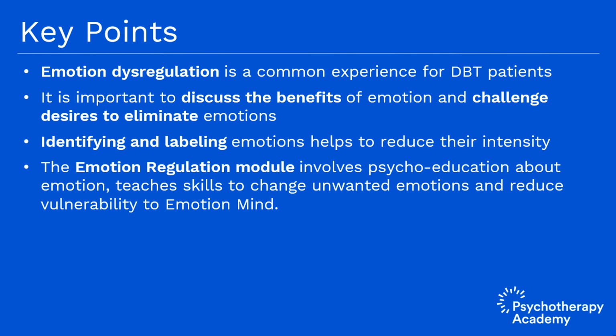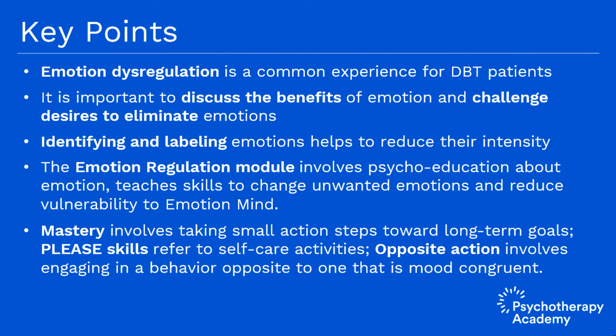The emotion regulation module involves psychoeducation about emotion and teaches skills to change unwanted emotions, as well as to reduce vulnerability to emotion mind. Mastery is a skill which involves taking small action steps toward long-term goals. PLEASE skills refer to self-care activities. Opposite action involves engaging in a behavior opposite to the one that is mood congruent.